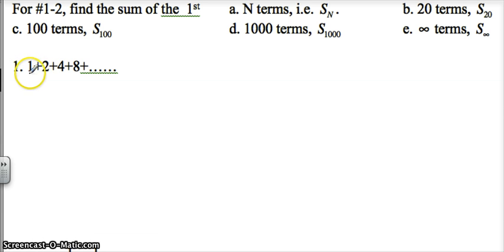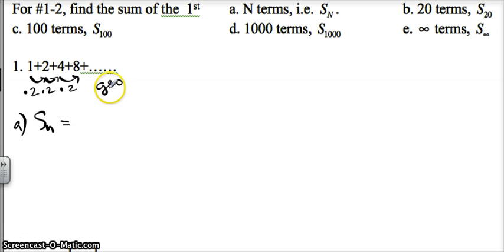So let's take a look at this first series here, 1 plus 2 plus 4 plus 8. We see that every single time we're going to multiply by 2. So because of that, we know that this is a geometric series. If we're trying to find the sum of the n terms, that's our most general, we want to find the sum given the nth term.